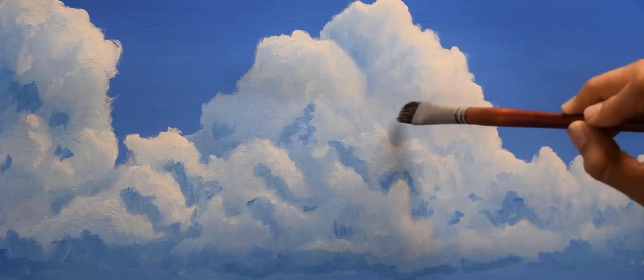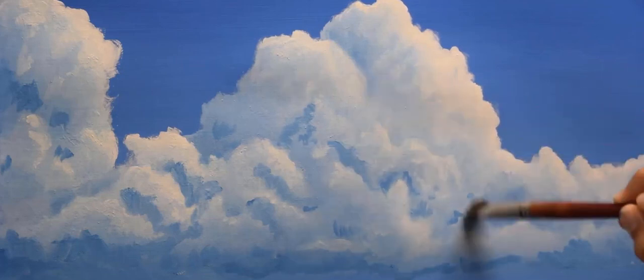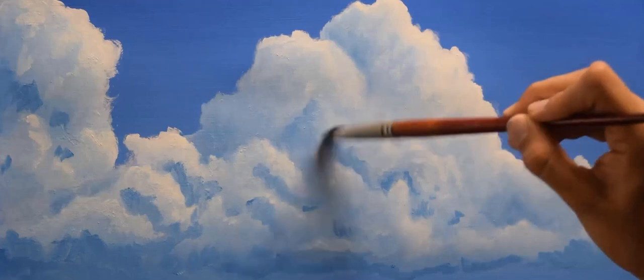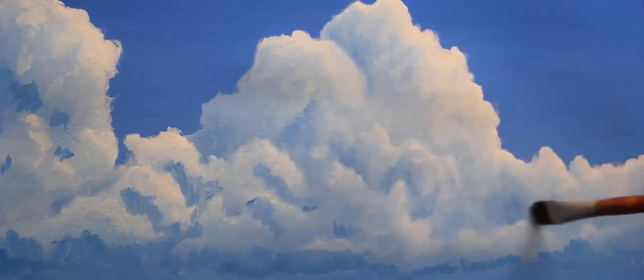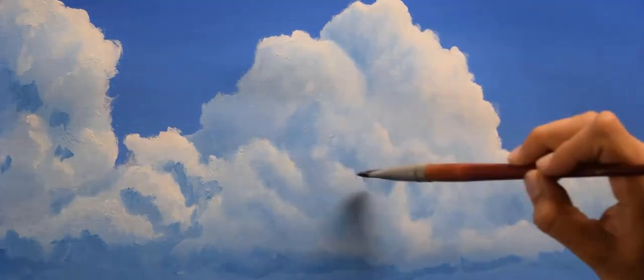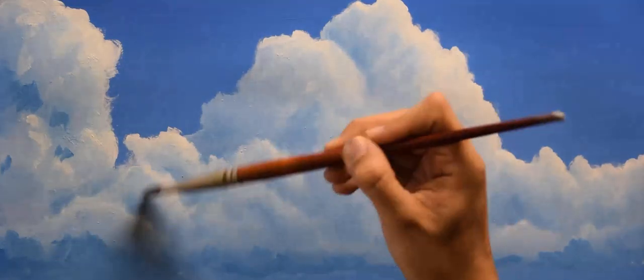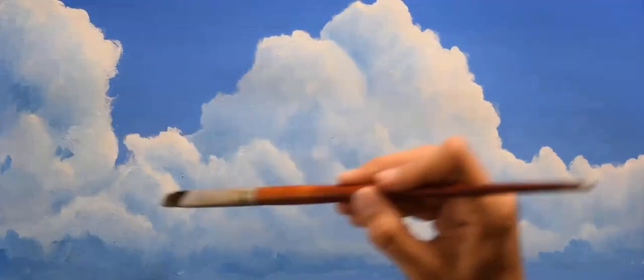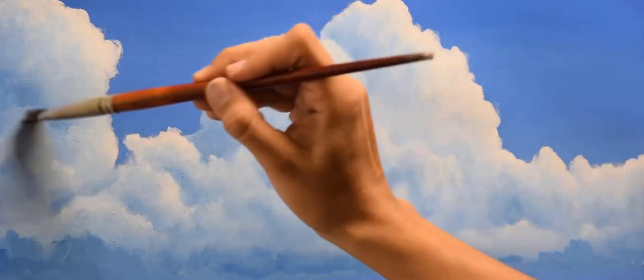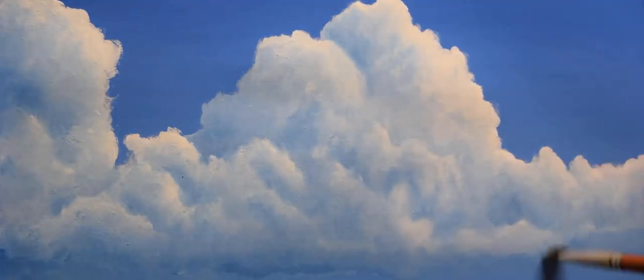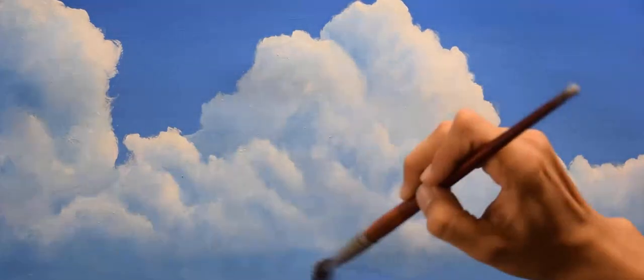And now the dry brush is used to merge all the layers that I just put on. Now using the tip of the dry brush just to blend the color, not blending too much so that it loses its effect of depth, just the tip of the brush. We have to use just the tip of the brush. See, now it looks more original than before.